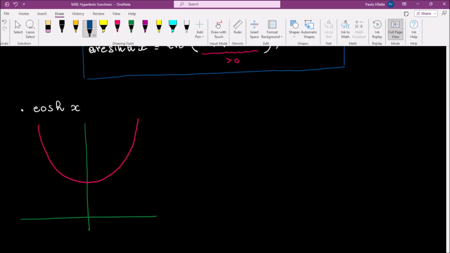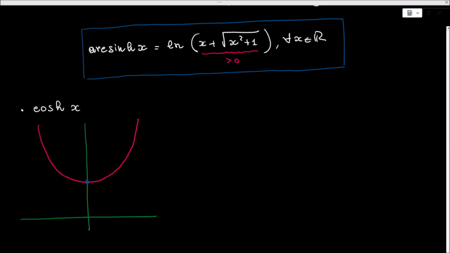So this is an even function, and we clearly see that this function is not injective over the entire real line, but it is injective only on the positive x, okay? And we also see that the image of the function, the y, are this set of all real numbers larger than or equal to 1.